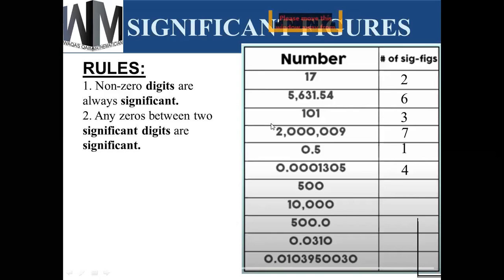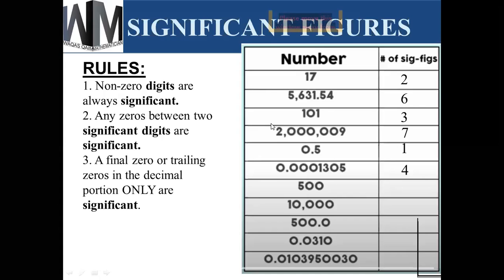Normally, you guys are counting 500 as a three significant figure number. But actually, the rule is that whenever zeros are written between two non-zero numbers, then we count those zeros as significant. Otherwise, we do not count these zeros as significant. So in 500, we have only one significant figure.